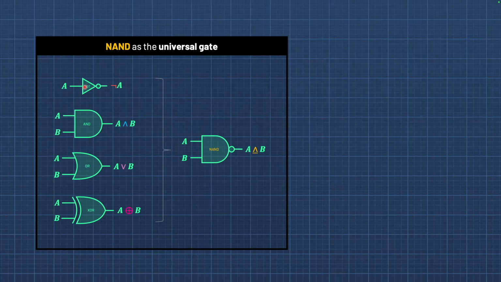So if I have A and I have a NOT gate, this was a negated A, this is the result. To get an AND operator, you have A and B, this is the conjunction operator, very common as well. The disjunction, this is the OR operator, so A or B, and the exclusive OR was this thing right here, very weird, but yeah, so A exclusive OR B, this is usually what you find in books.